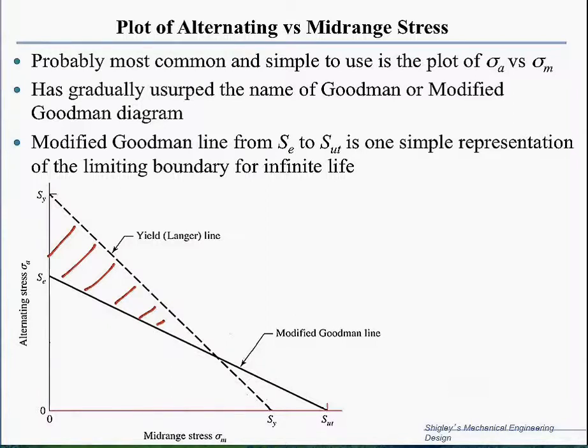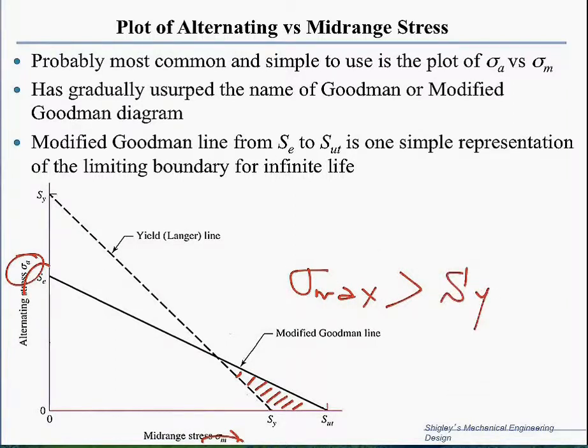So there's a region of danger where we exceed the yield point right here, because in this region it's possible that the sum of the mean and alternating will be such that the sigma max can exceed the yield. So it is possible in this region here.